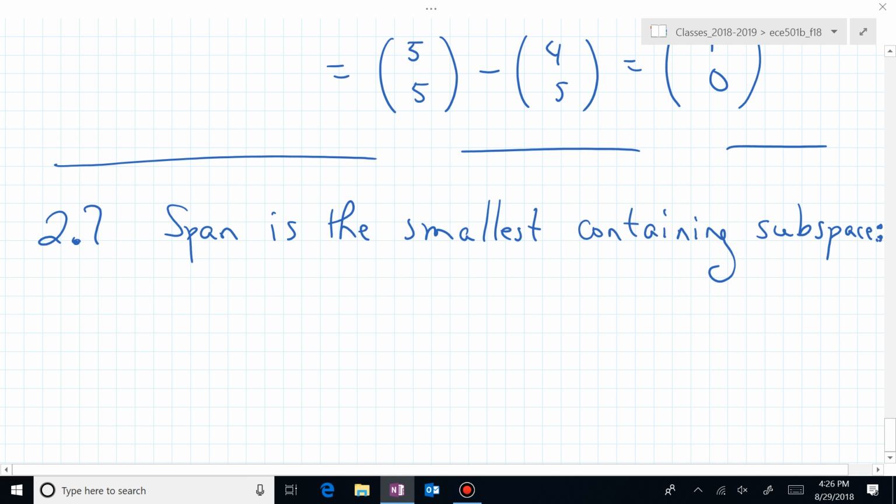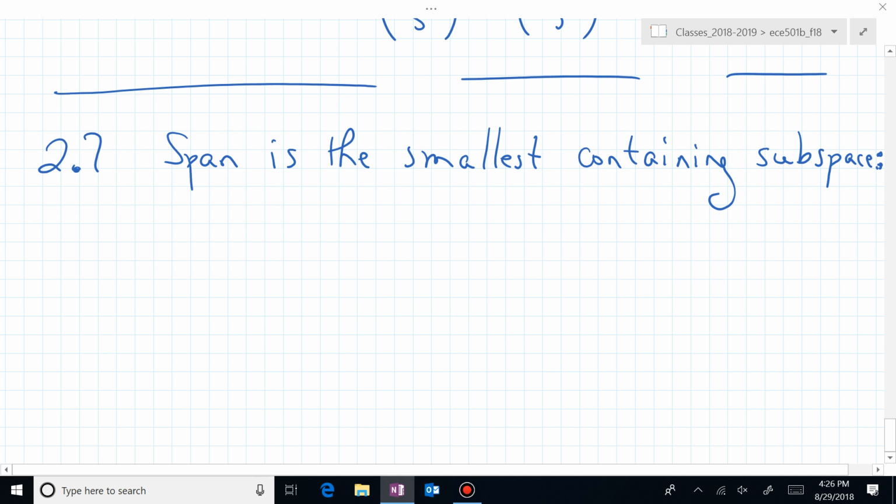So if somebody says, what's the span of these vectors, then you're really saying, what's the smallest subspace that is spanned by that list of vectors?